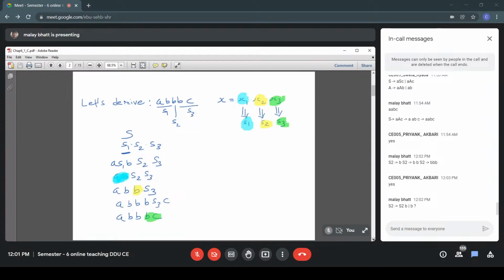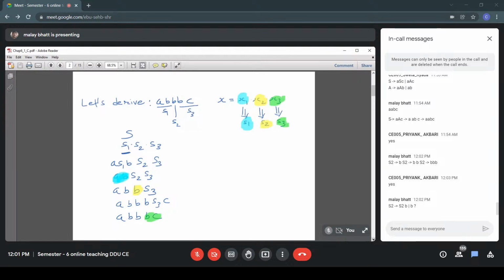Now from S1, we derive A S1 B, with S2 and S3 as they are. From A S1 B, we get AB by replacing S1 with null, so we have AB S2 S3.